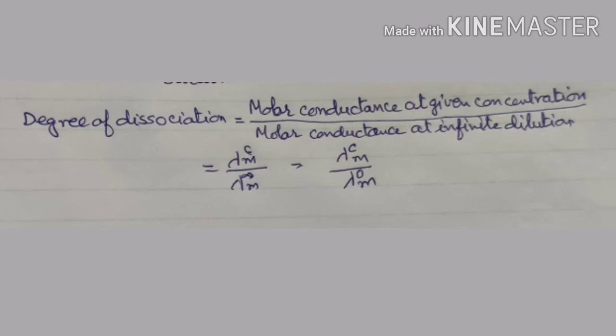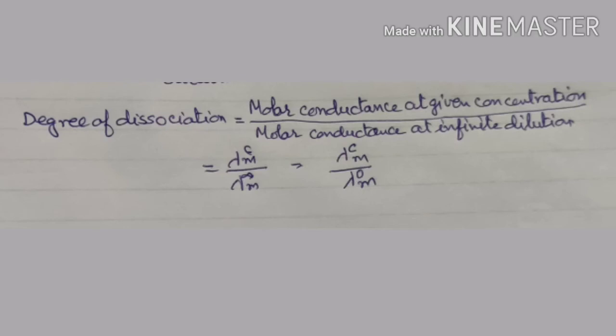So then we can write the formula: this is equal to lambda m c, that is the molar conductance at concentration C, divided by lambda infinity m, that is the molar conductance at infinite dilution. Then we can also write lambda m c divided by lambda naught m, which is also the representation of molar conductance at infinite dilution. So this is the representation of degree of dissociation.